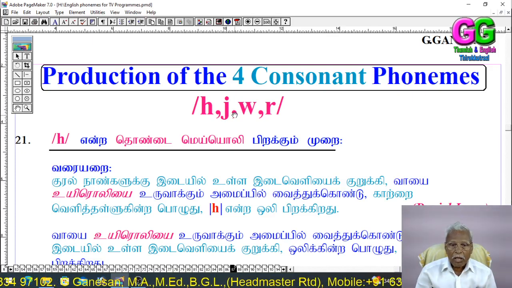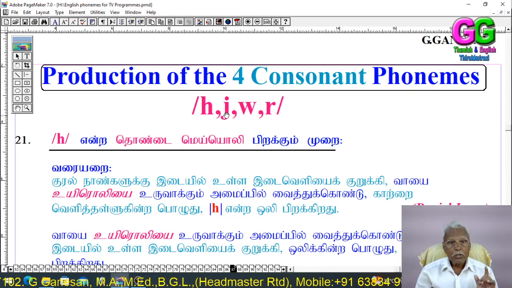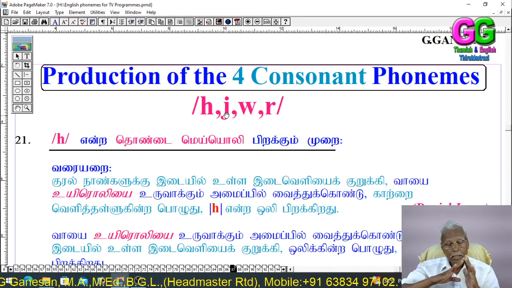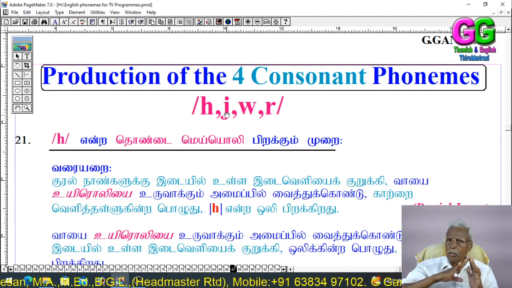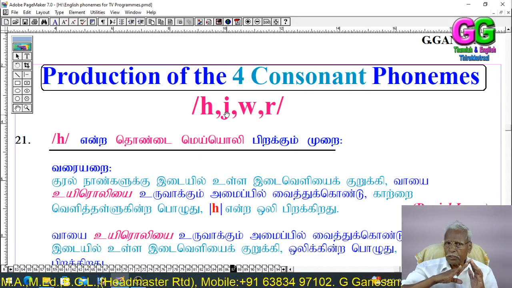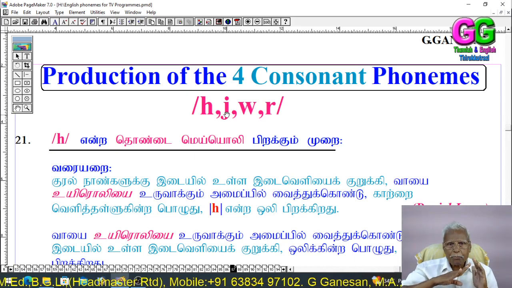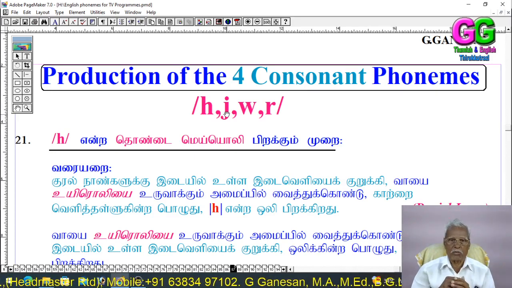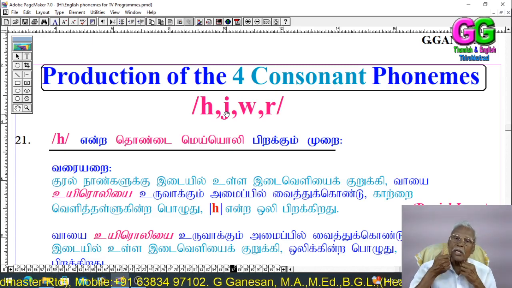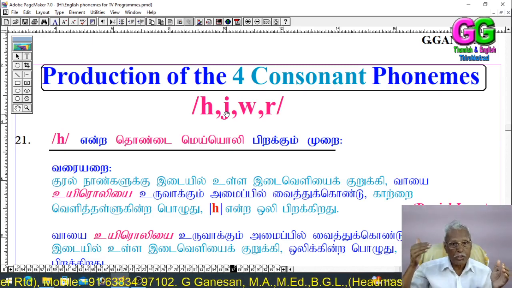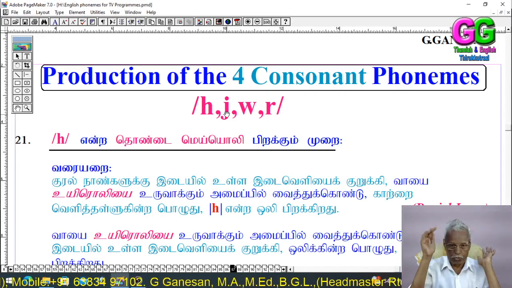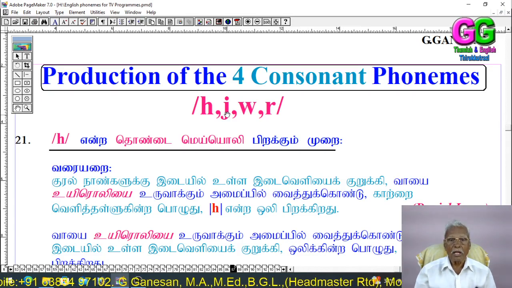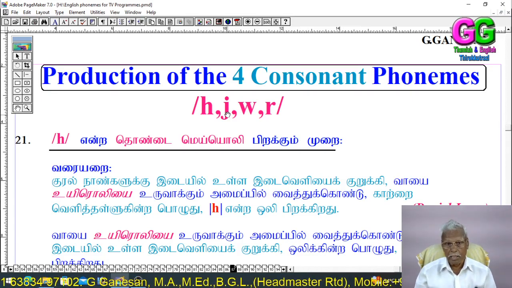Again, E is produced by moving the front of the tongue from the position of E towards some other vowel and allowing the air pushed by the vocal cords to escape through the mouth. E, yes, allow, ear.